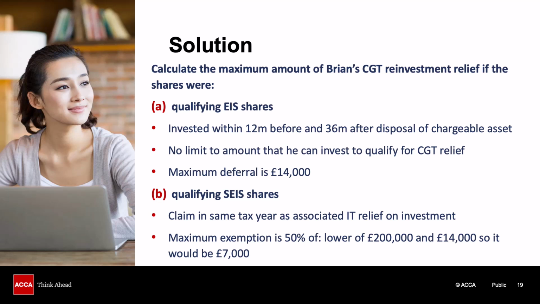So 50% of that amount is £100,000. So we're comparing 50% of the £14,000 gain and £100,000 to decide what the maximum CGT relief is going to be, and we're going to use therefore £7,000. So £7,000 of the £14,000 gain will be exempt from CGT, and the rest falls due this year.